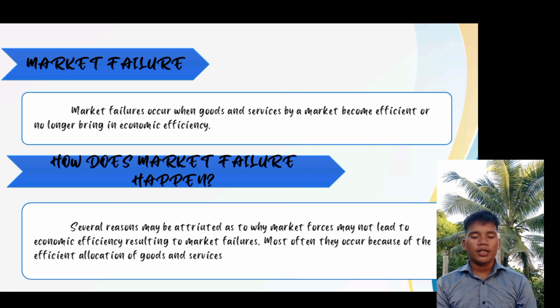The next one is how does market failure happen? Several reasons may attribute as to why market forces may not lead to economic efficiency, resulting in market failures. Most often, they occur because of the inefficient allocation of goods and services. So, when market failure happens, we must recognize the reason behind it.